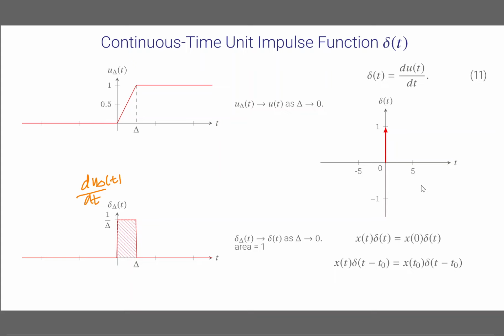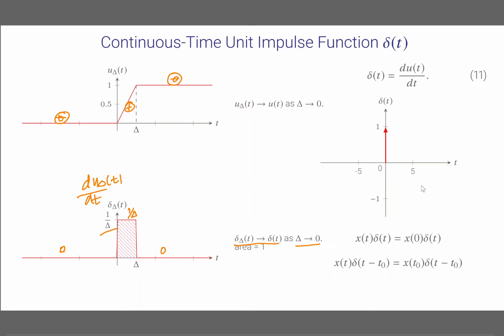So you can see the derivative is 0 here. There is no growth in the signal. Here there is a positive derivative. The slope is 1 divided by delta. And here the derivative is 0 as shown here. So 0 here, 1 over delta over there and 0 there. So this approaches delta(t) as delta approaches 0.